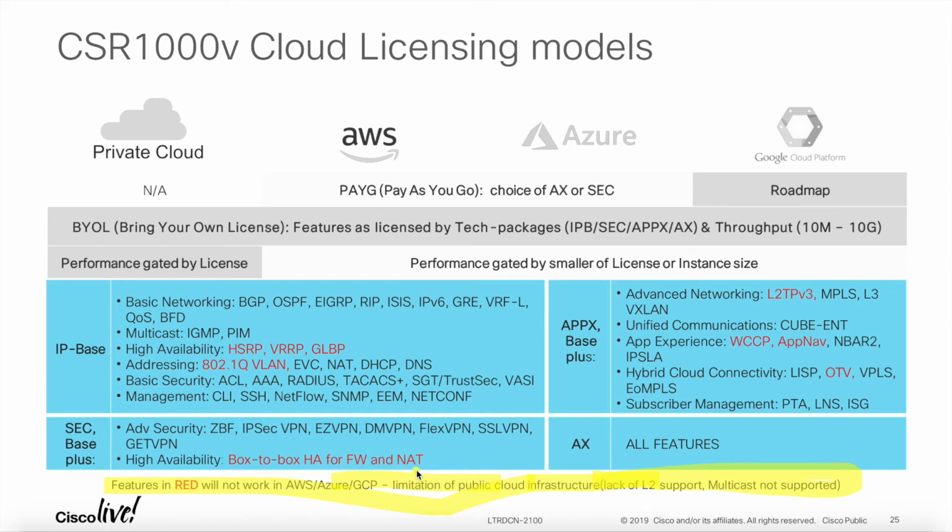So it's very important. When you use CSR1000v, everything is the same as a physical router, ASR1K or ASR4K, but you cannot use multicast and you cannot use broadcast. So functions based on broadcast and multicast, you cannot use. Okay, simple.